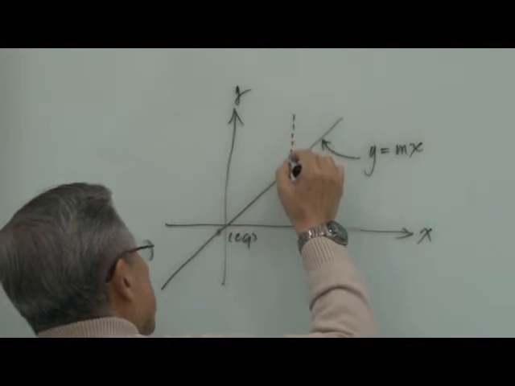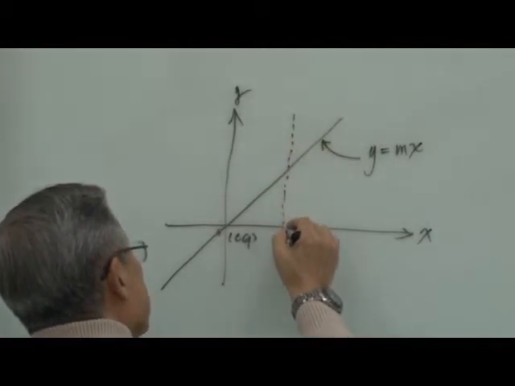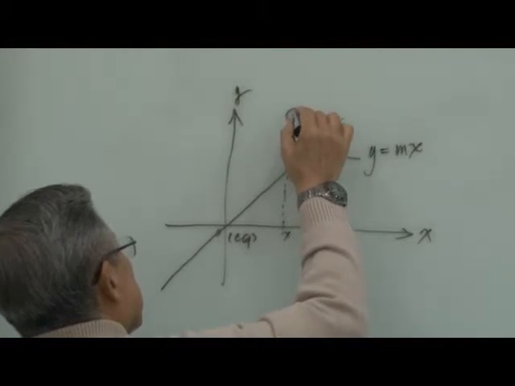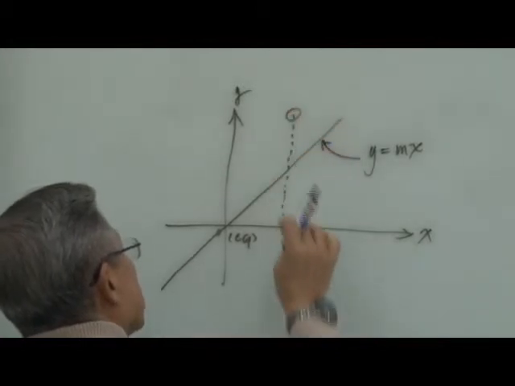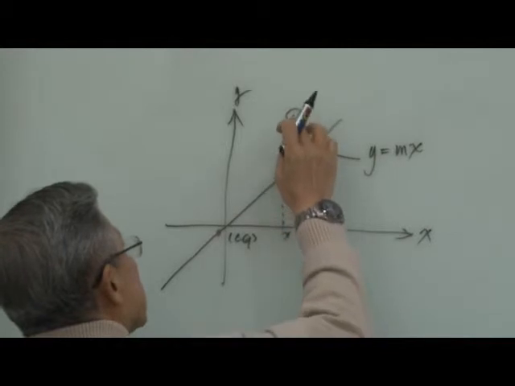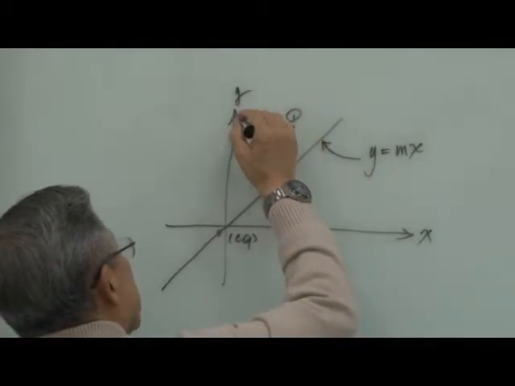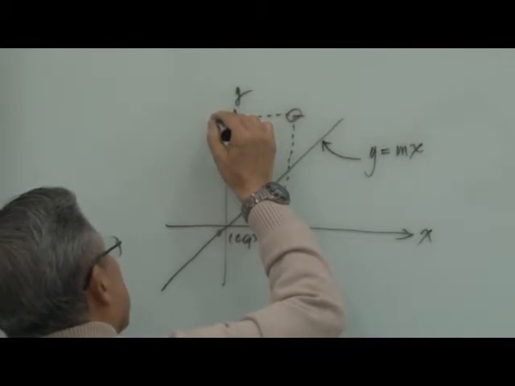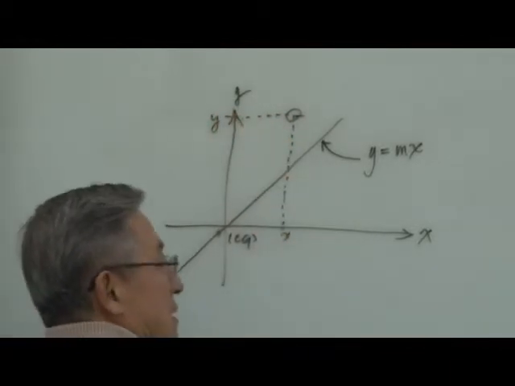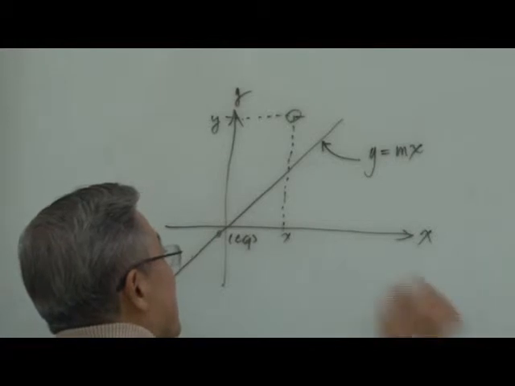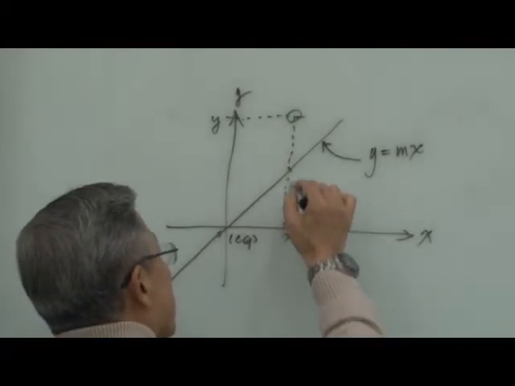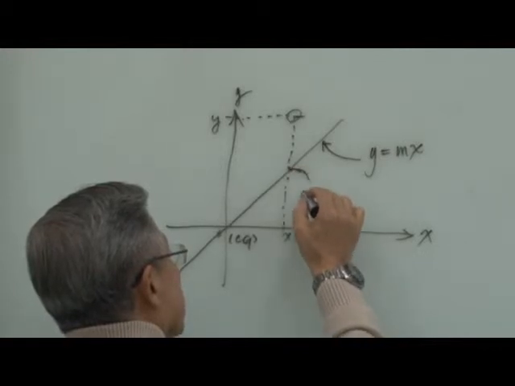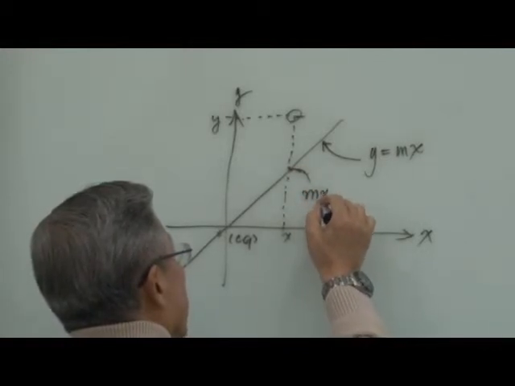And when I pick any value of the x here, and this is a measured point. This is x, right? This is a measured point, you have a particular value of, let's say, y. But from here to here is the value which is mx.